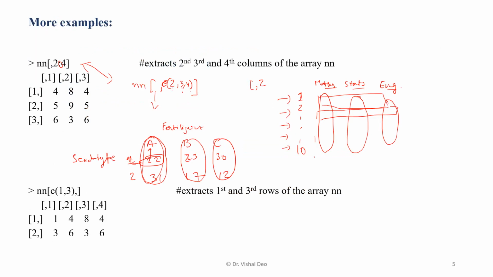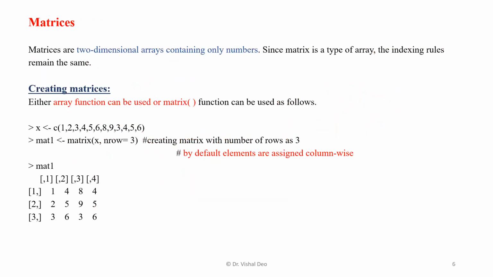Now, we have seen arrays, and now we want to know what are actually matrices. We say arrays and matrices because matrices are simply one kind of array, a specific type of array. So when we restrict our dimensions to only 2 dimensions, and we restrict our type of elements to numbers.